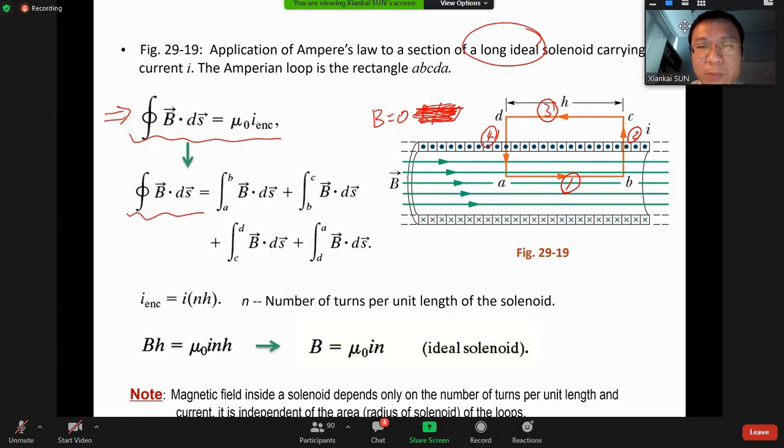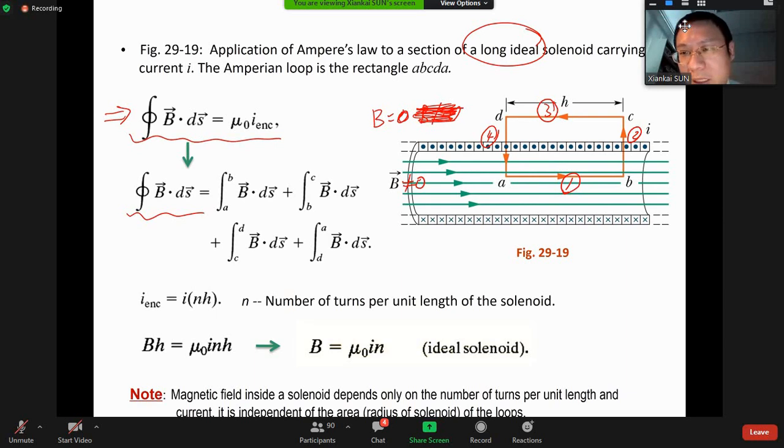But inside the solenoid, B is not equal to 0, and the direction of B should be aligned to the longitudinal direction of the solenoid.